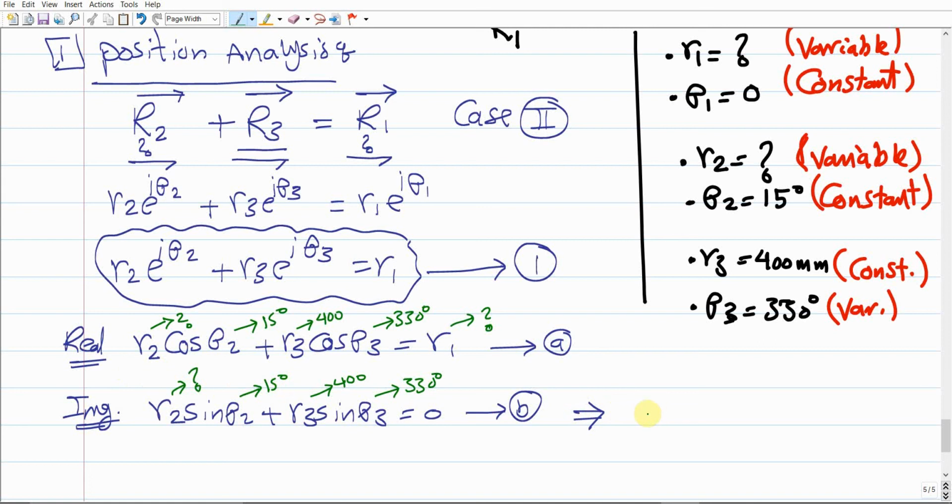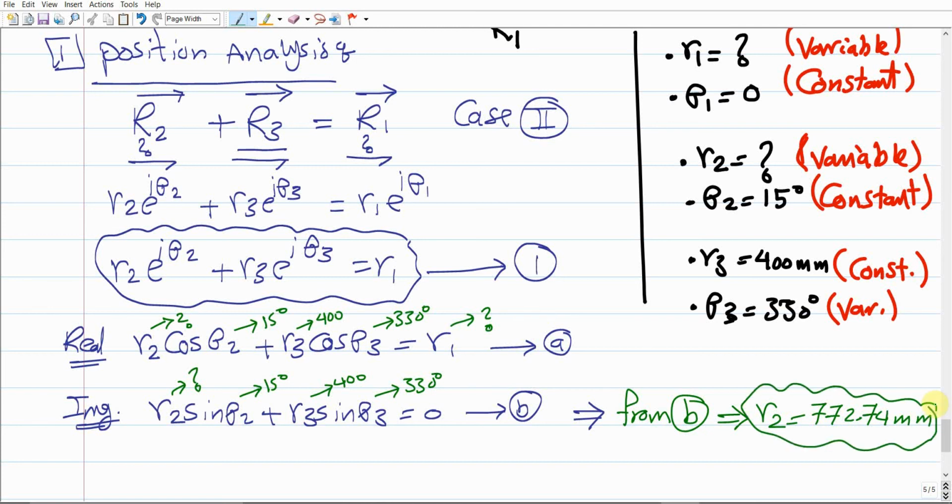So from equation B we solve for R2 and find R2 equals 772.74 millimeters. Just do the calculation, one equation and one unknown.